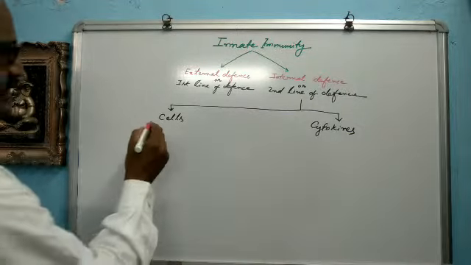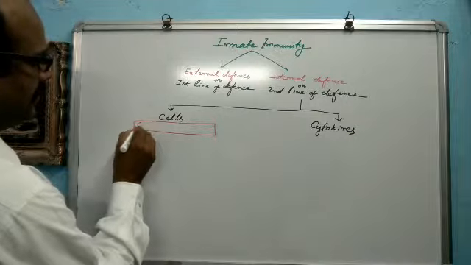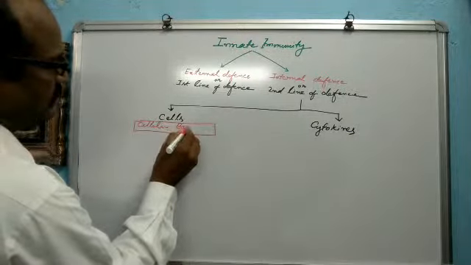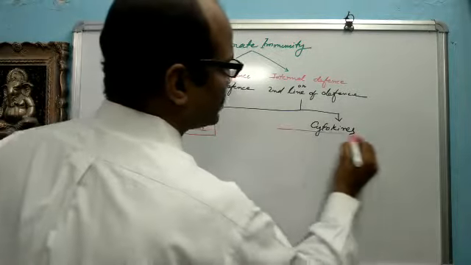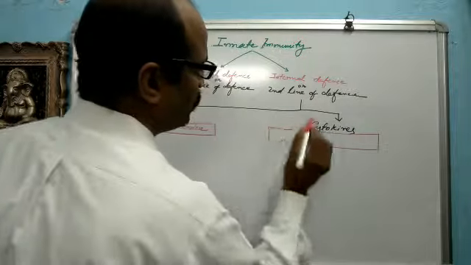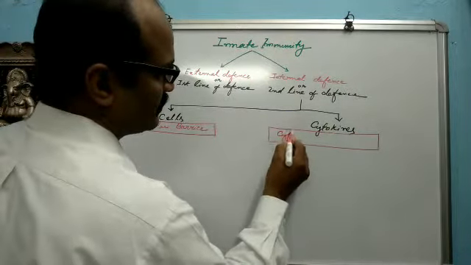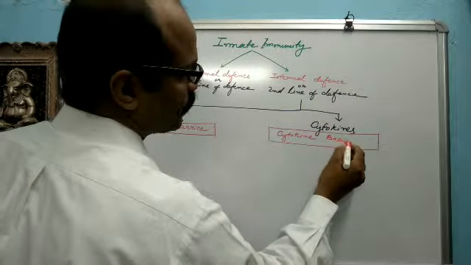Such cells form the cellular barrier, and the cytokines form the cytokine barrier.